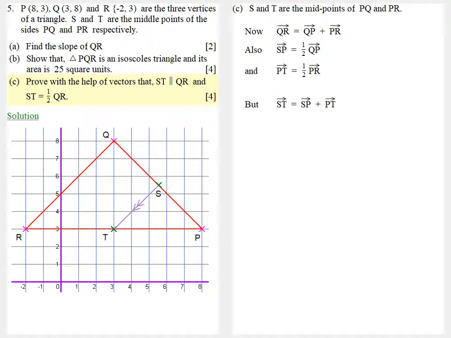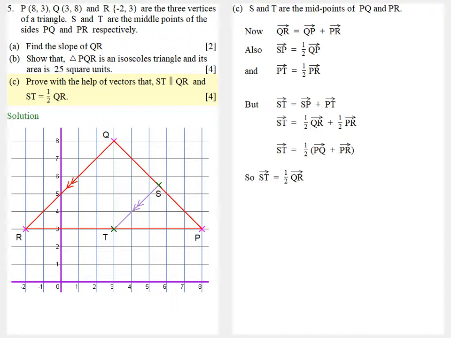Now from this we can say the vector ST is equal to half the vector QP plus a half the vector PR. In other words, ST is equal to half the vectors QP plus PR. So the vector ST is equal to half the vector QR.